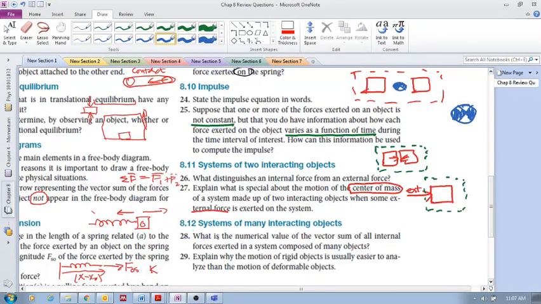28. What is the numerical value of the vector sum of all internal forces exerted in a system composed of many objects? Well, we've seen the internal forces just cancel out.